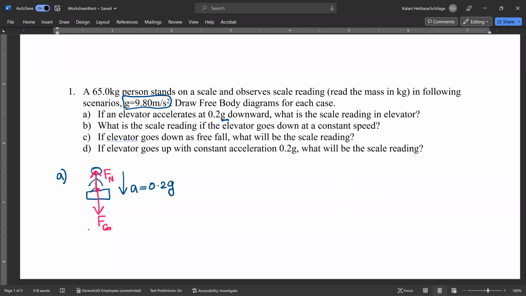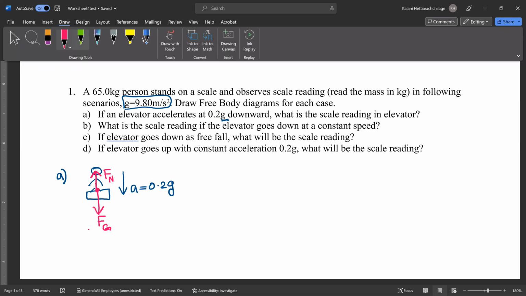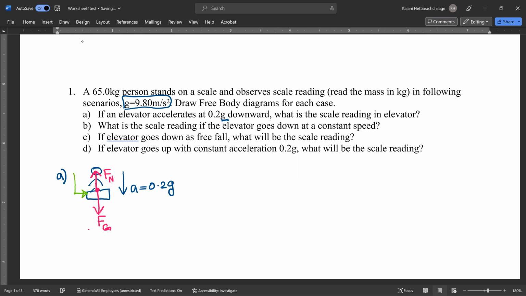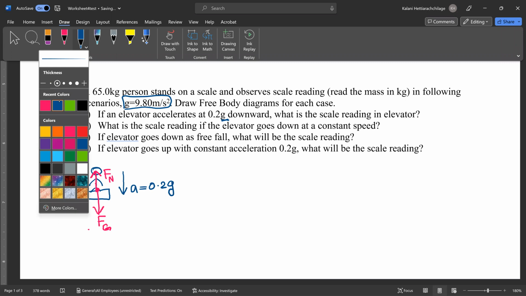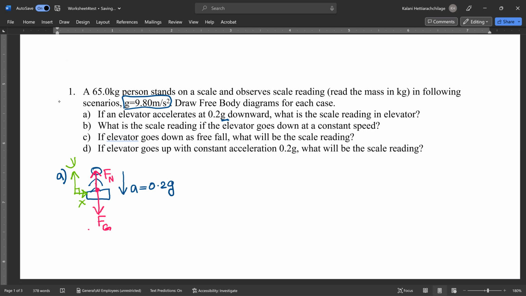As soon as you draw the free body diagram, it is very important to use your coordinate system, so that you know which direction you use Newton's second law. This is my coordinate system. In this case, all the information is in the vertical direction, so I just need the vertical information.